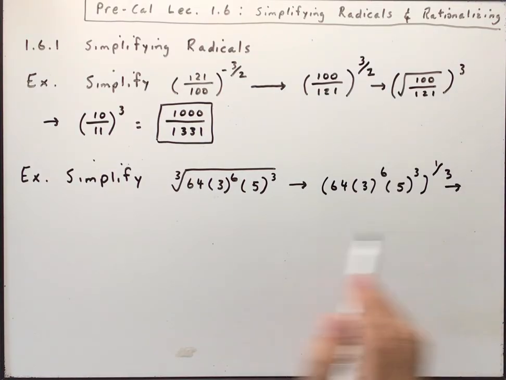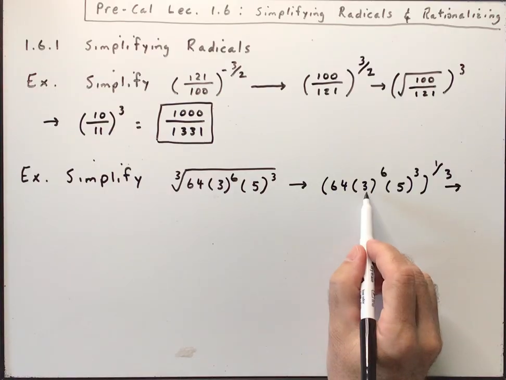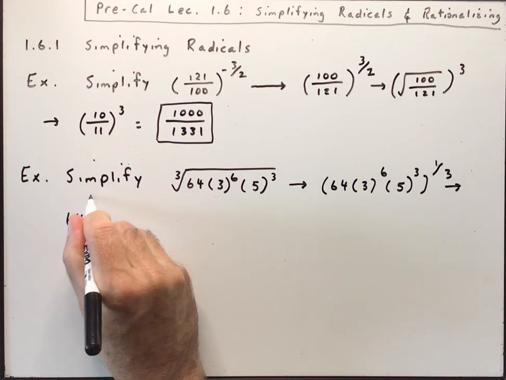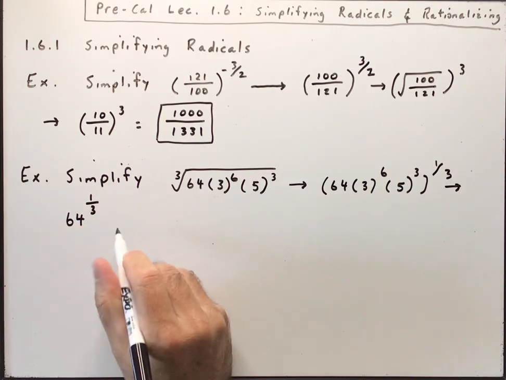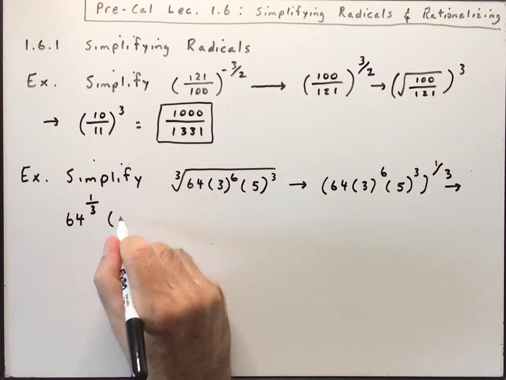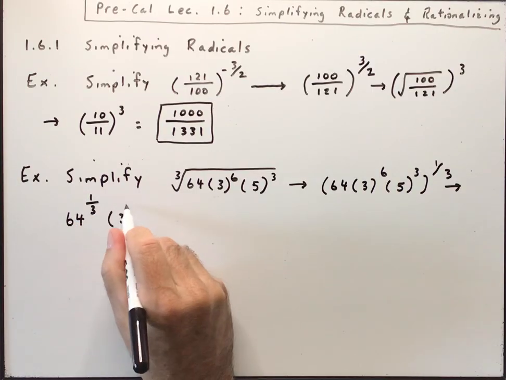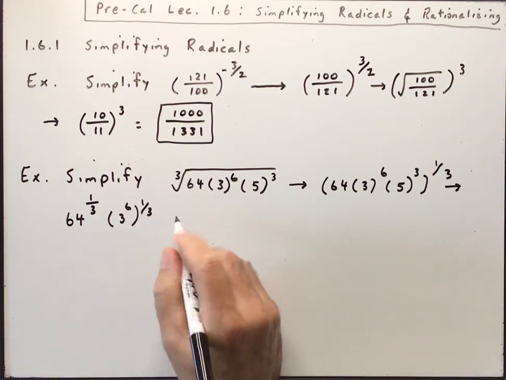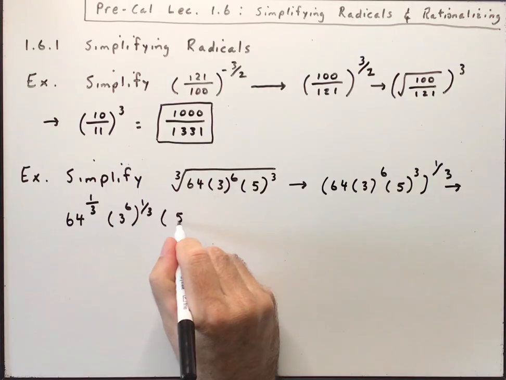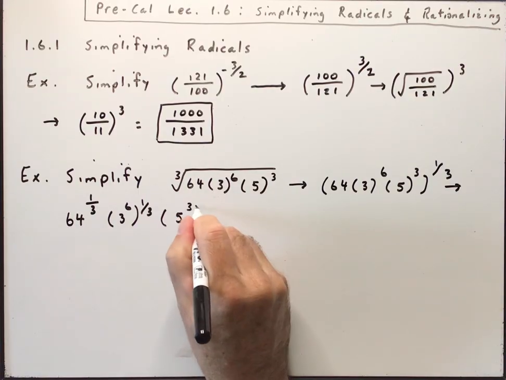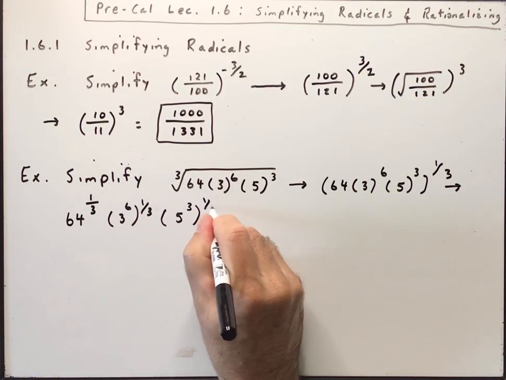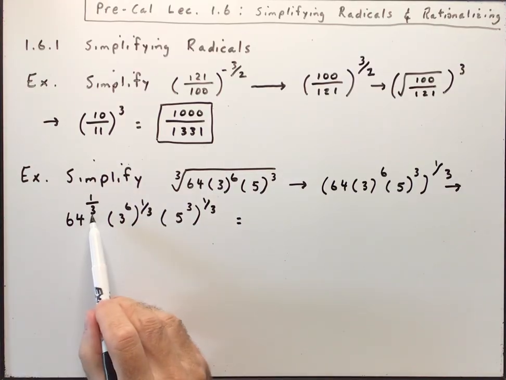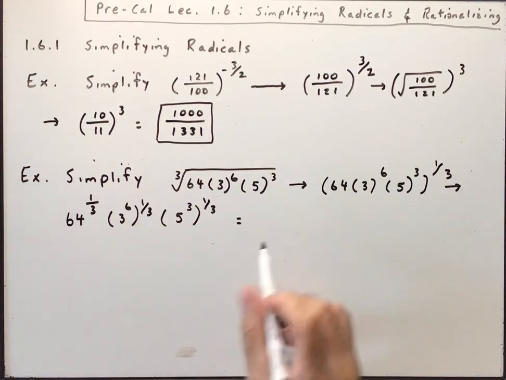Okay, so now we can take each individual component and raise it to the 1/3 power. So that's 64 to the 1/3 times 3 to the 6th to the 1/3, and then times 5 cubed to the 1/3. 64 to the 1/3, if you don't have that memorized, you can put it in your calculator, but that's 4.